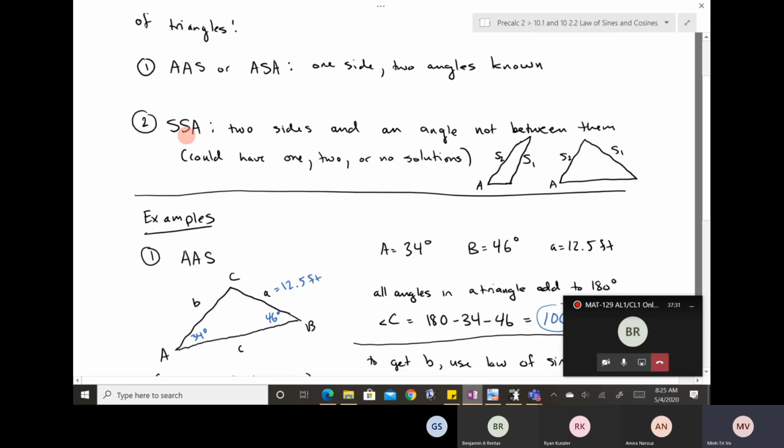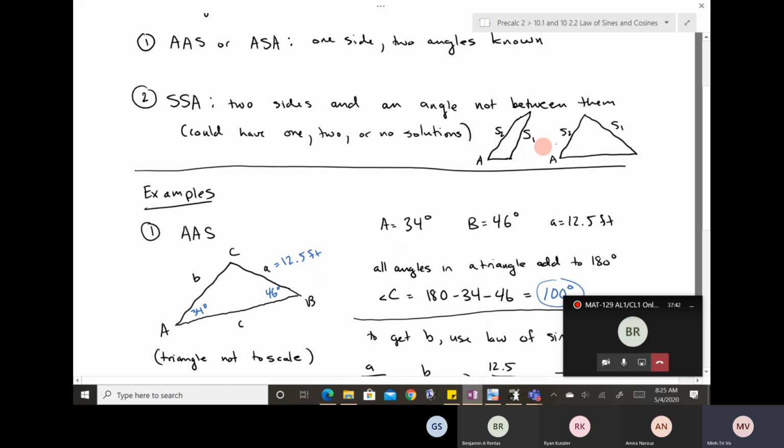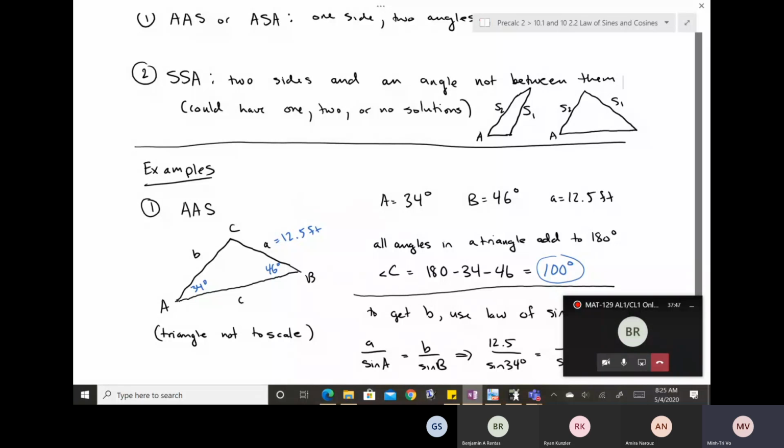But that's not the case when you have an SSA triangle, right? If you know two sides and one of the other angles, the two triangles don't necessarily have to be congruent to each other, and that's why there are two solutions.